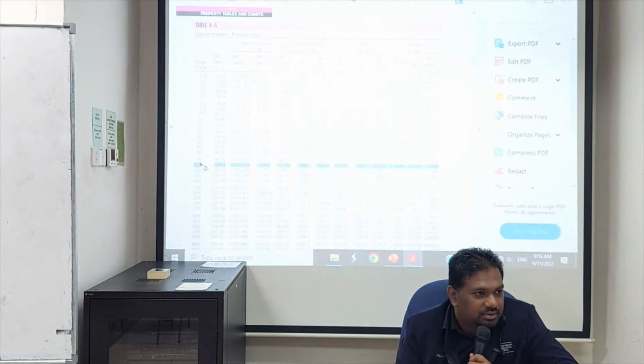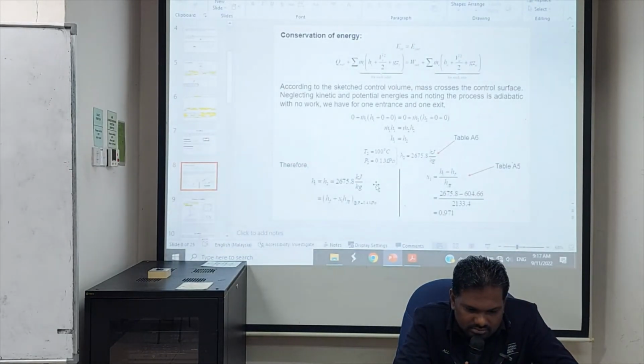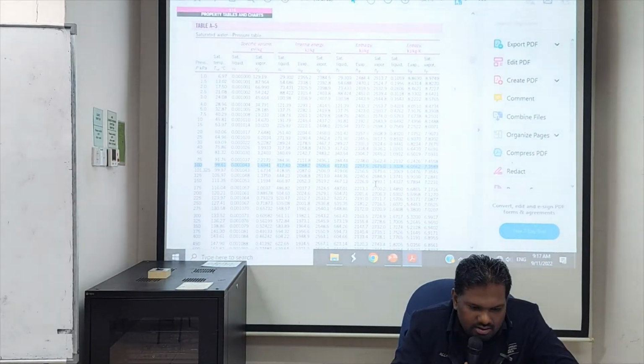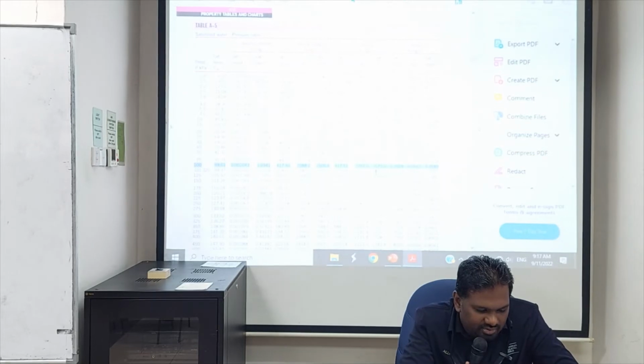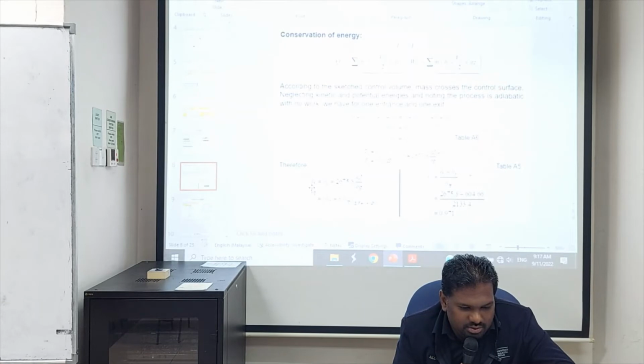Earlier, what value did we want to find? H, the value of H, right? Look here, H. Value of H. Okay. So saturated vapor 2675. Okay, so this is what you will use in the formula. So you already got this. So H1 equals to H2, so 2675.8.